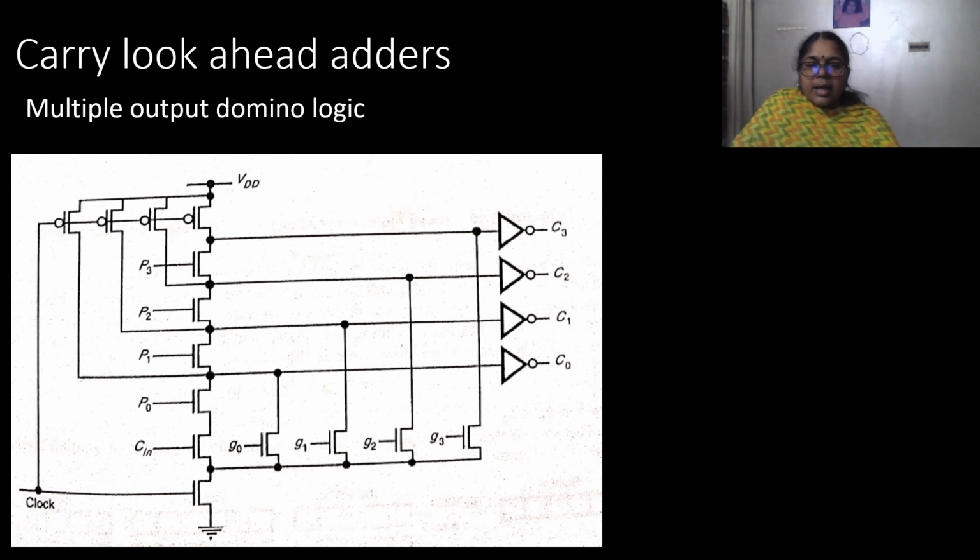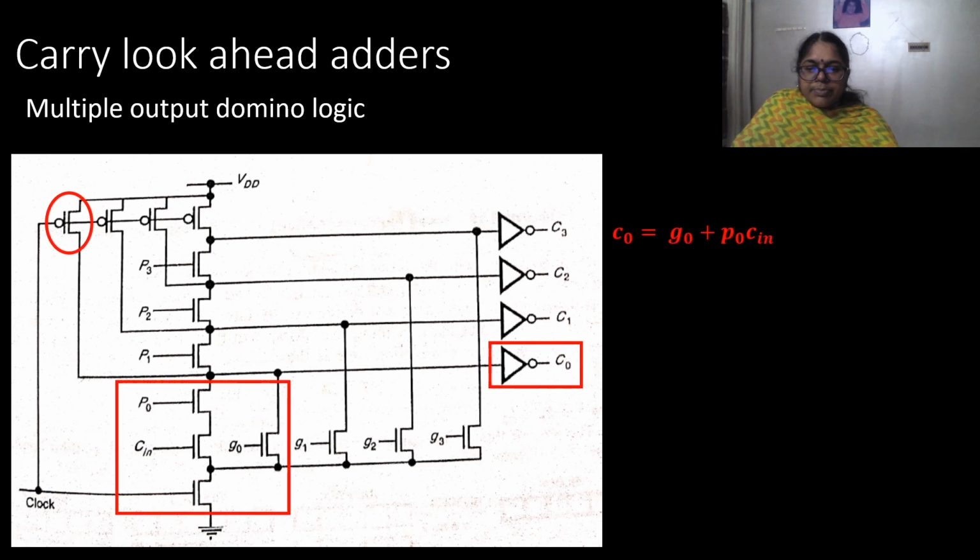So here you can see that domino logic circuitry is being used. You have pass transistor and you have the PMOS transistors, and NMOS array is being used. When NMOS array is used, you see the outputs are being connected to the NOT gates. So this is nothing but the domino logic circuit. But because you have multiple outputs which are being obtained from the circuit, that's why the name multiple output domino logic circuit.